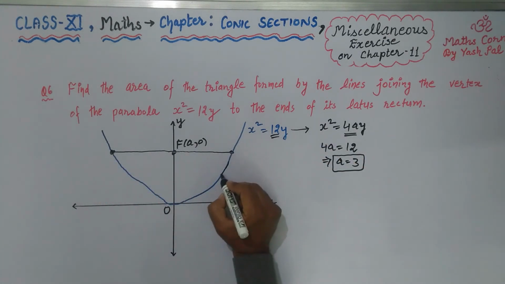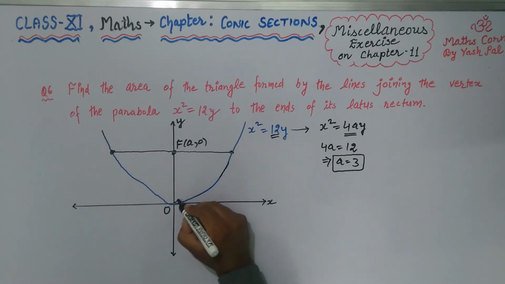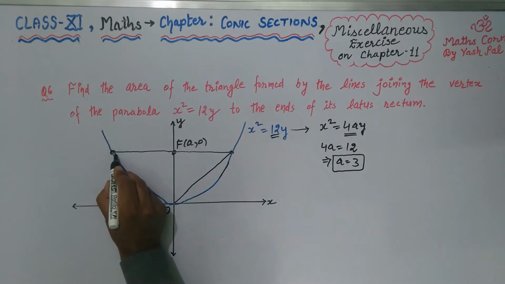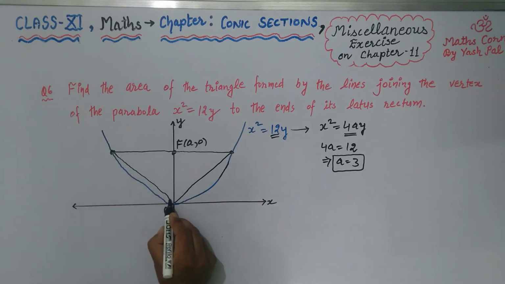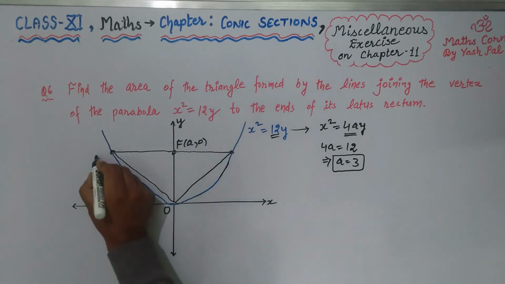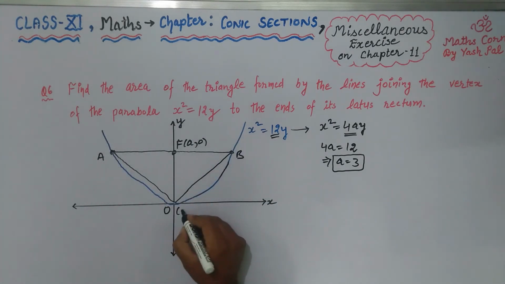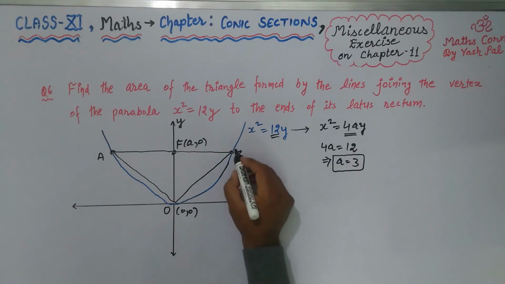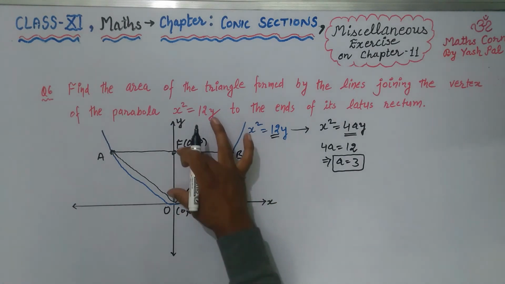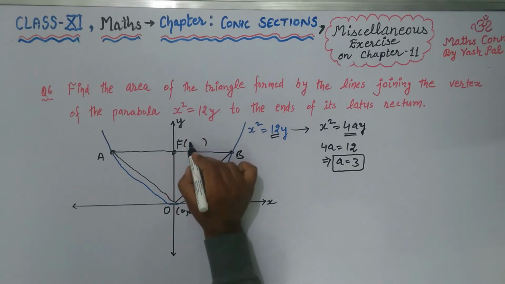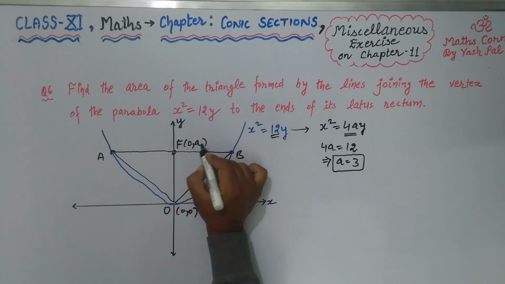This way we have the triangle formed by the ends of the latus rectum. Suppose the name of this triangle is AB, and this is O, meaning (0, 0).